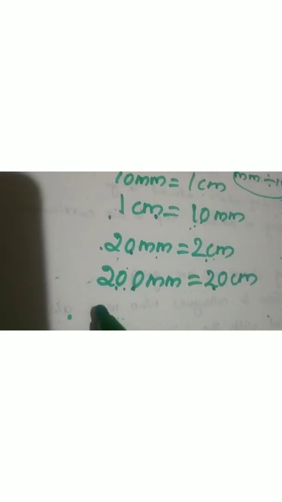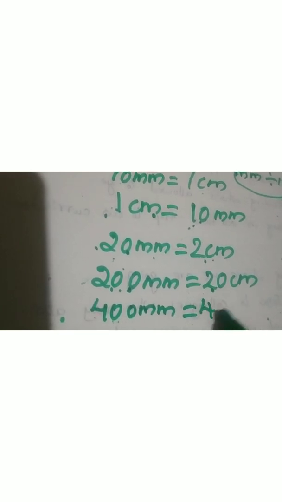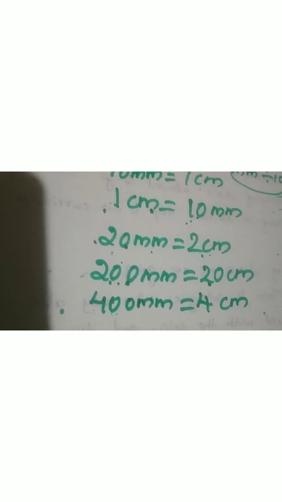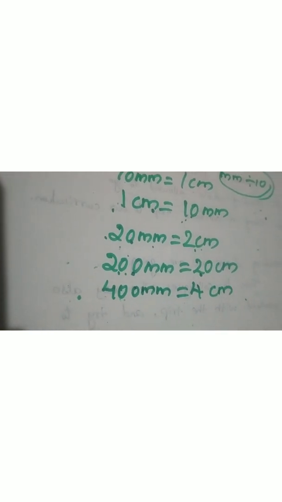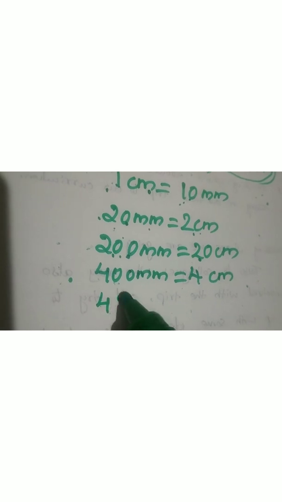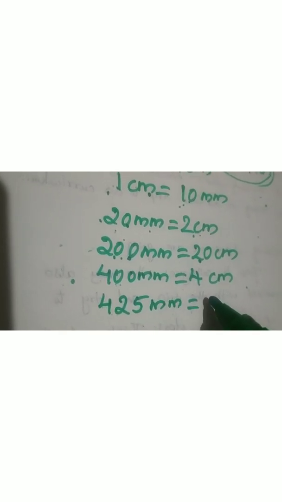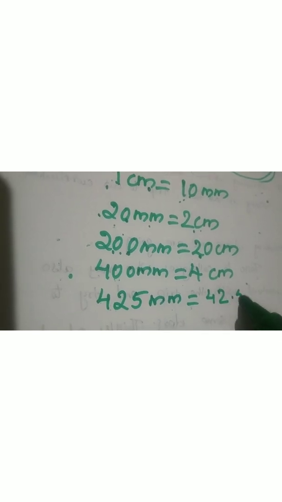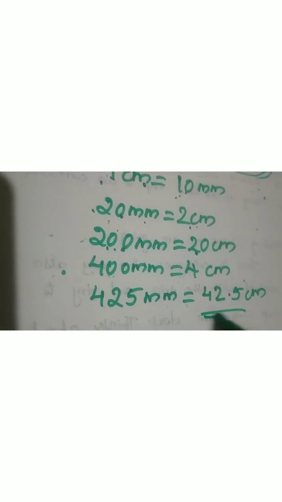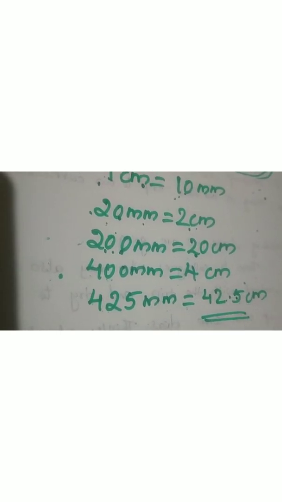So here 400 millimeter is equal to 4 centimeter. Is it clear? Then 425 millimeter will be 42.5 centimeter. 42.5, 1 decimal point will be there.